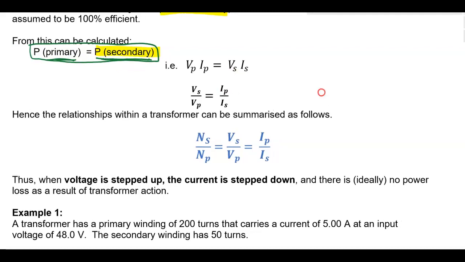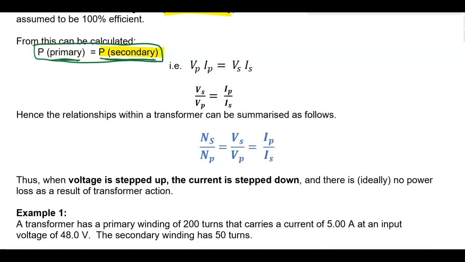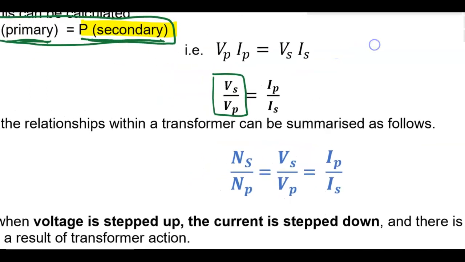P is equal to I times V, okay? So if we change this around now, what we find, of course, is the voltage is inversely proportional to the current. See how voltage is secondary over primary, current is primary over secondary.